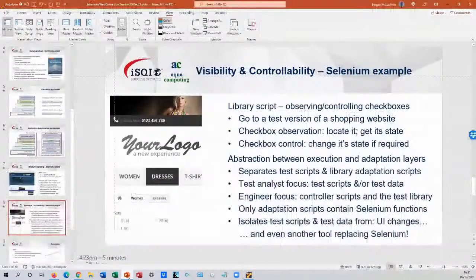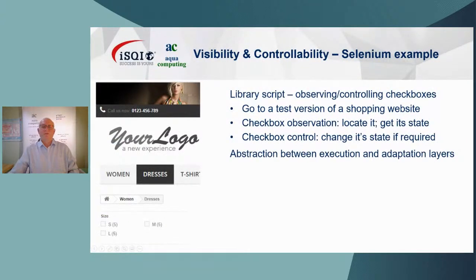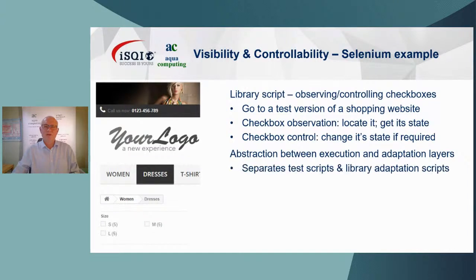So let's just summarize. So we've been looking at building an abstraction in this particular exercise between the execution and adaptation layers. We're separating the high-level test scripts from the library adaptation scripts.